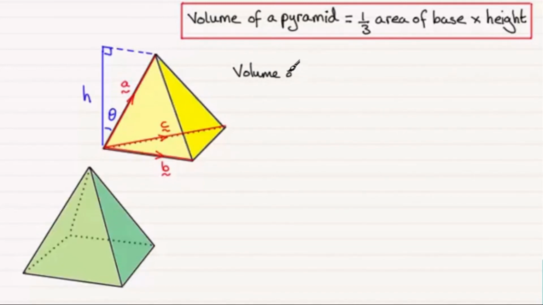But we have to determine the height, which we can get if we assume that the angle it is making with the vertical is theta. That's with the vertical, which is our height. So the volume of the tetrahedron will be equal to a third times the area of the triangular base.